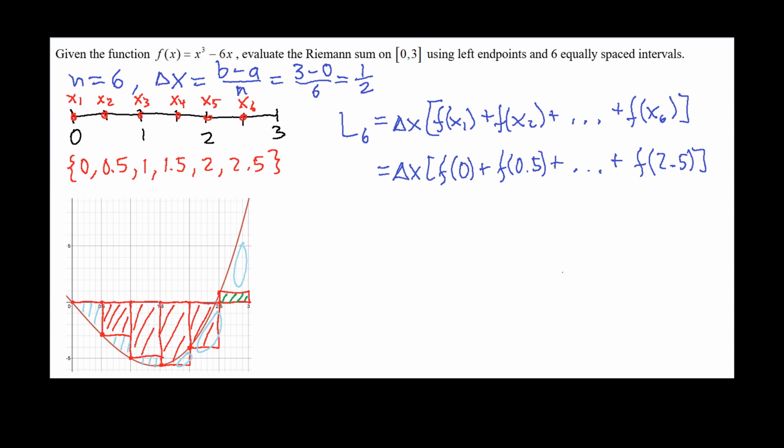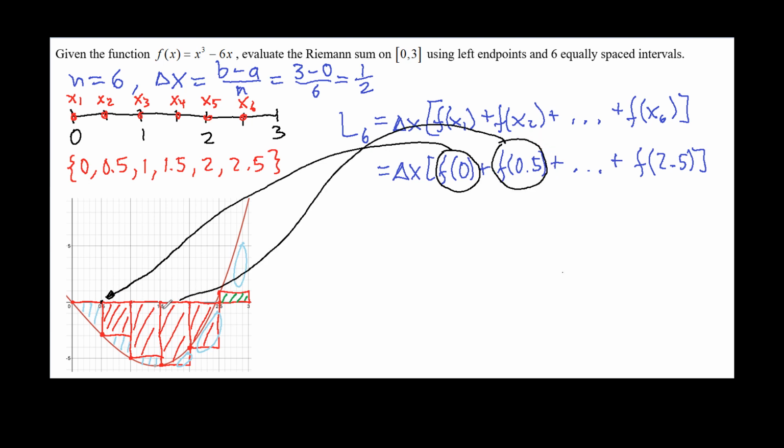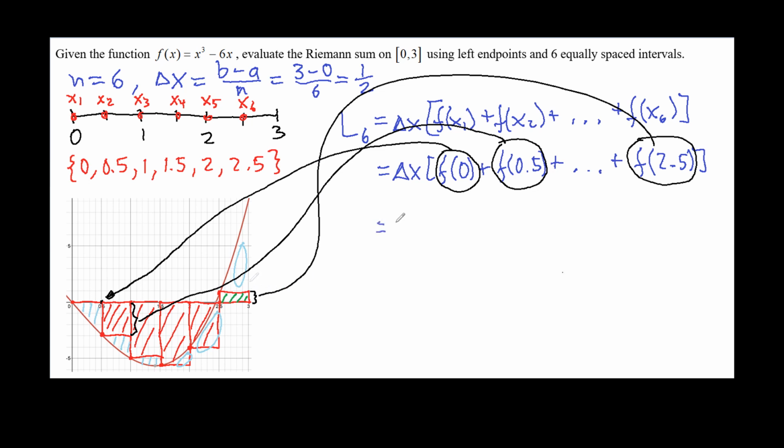And just to make sure we understand where this is coming from, let's indicate that this very first value refers to the height of my first rectangle, which happens to be 0. And the second one is this length right here, and so on until we hit the last one, whose height is given by this value. We also know that delta x is 0.5.